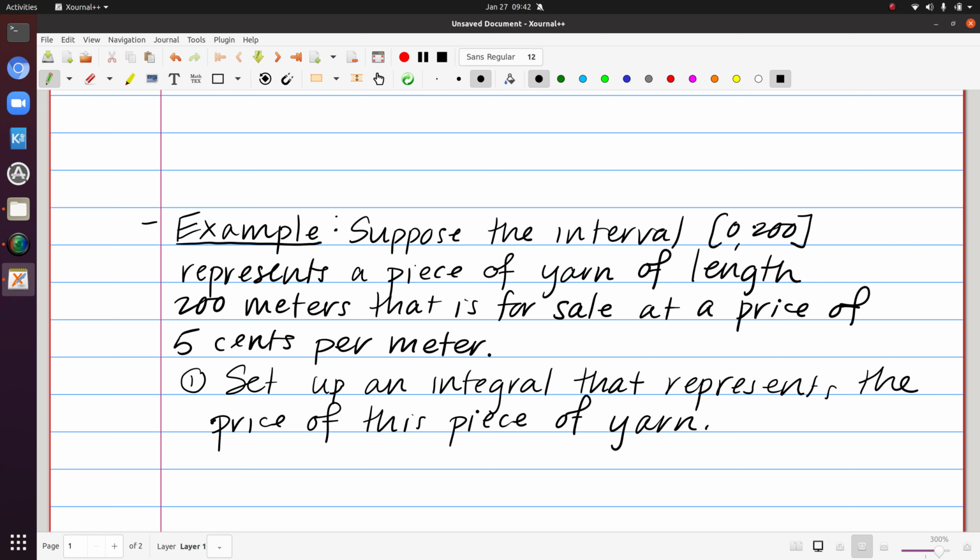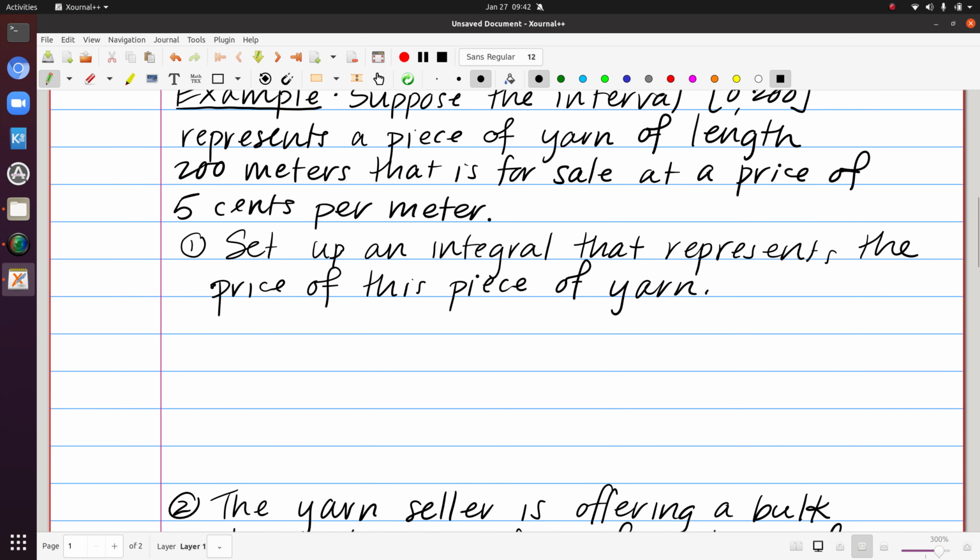And let's assume that the yarn is for sale at a price of 5 cents per meter. So that is now giving us, in some sense, the f of x, the density. Suppose we want to set up an integral that represents the price of this piece of yarn. Of course, we wouldn't need an integral to do this, but let's see what it would look like.